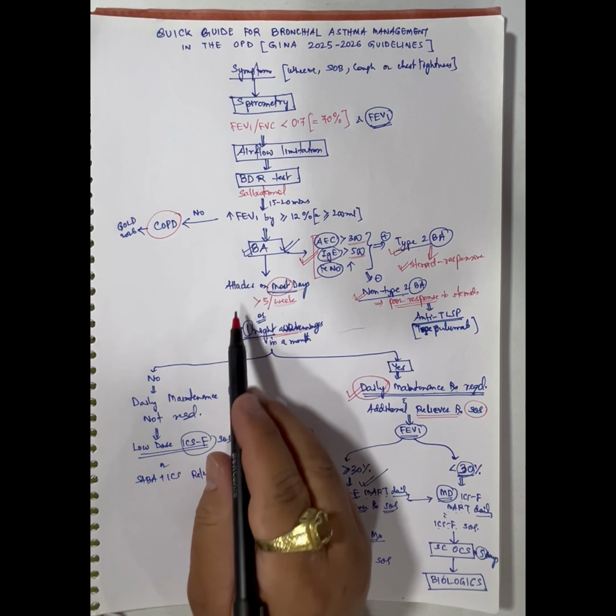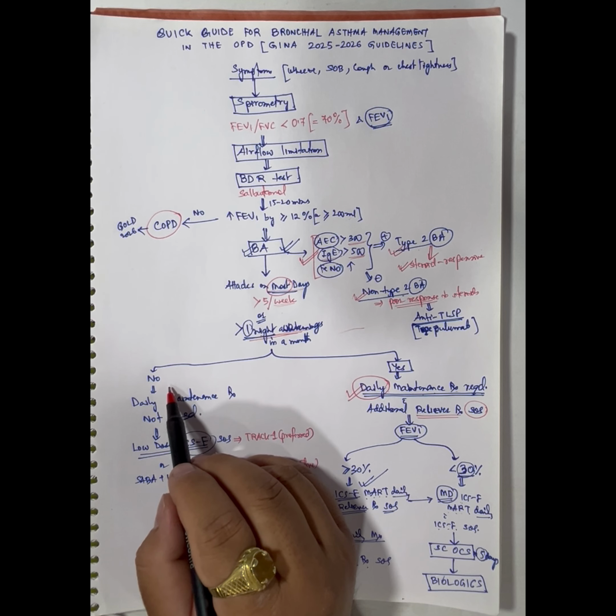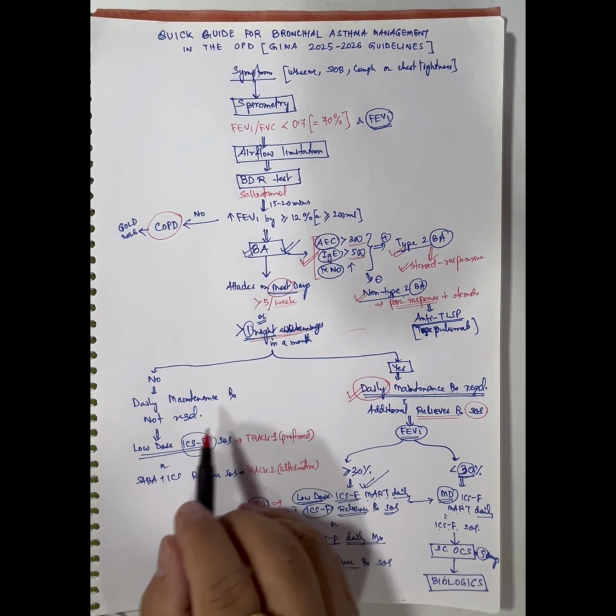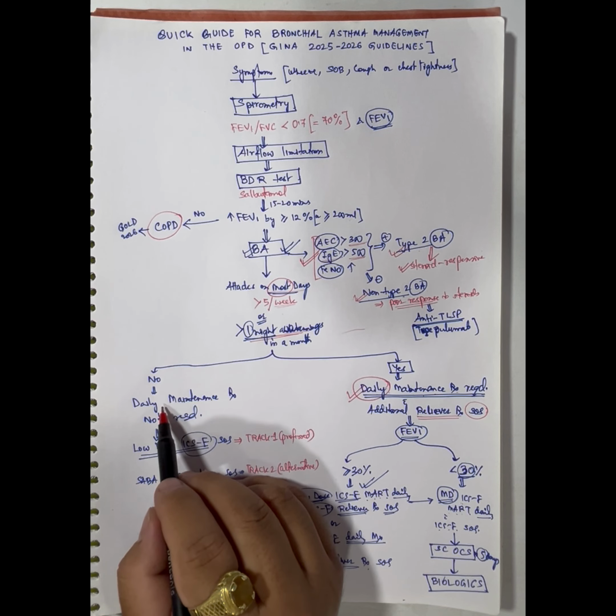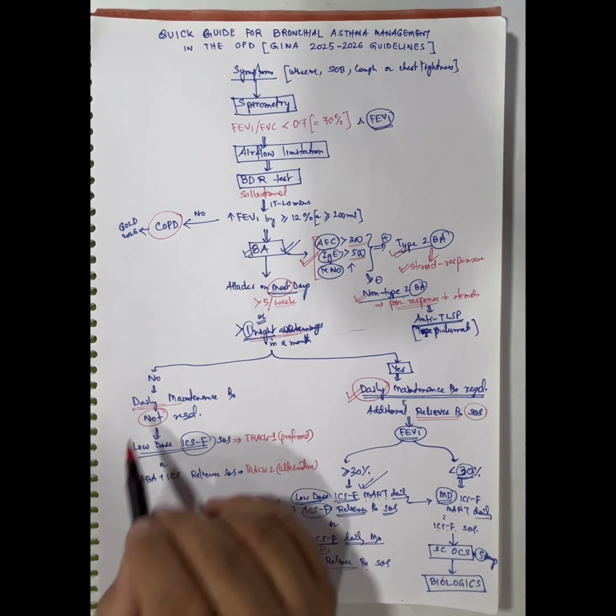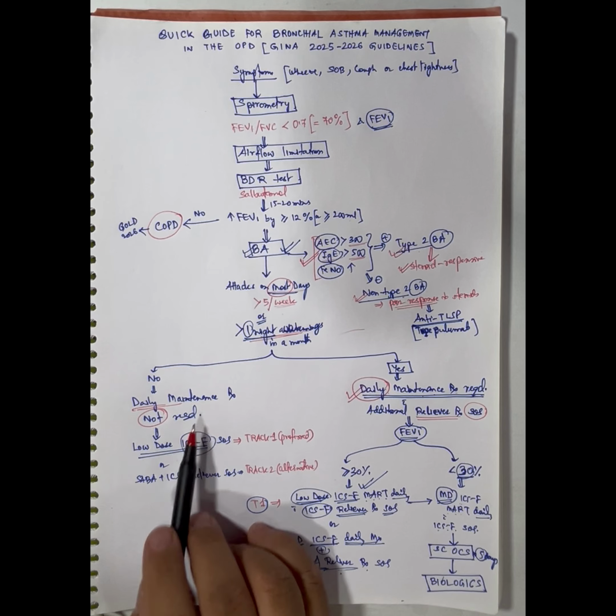If none of these are there, that means the patient doesn't have much tendency to have recurrent episodes. In this case, we will not give daily maintenance therapy. It's not required, right?